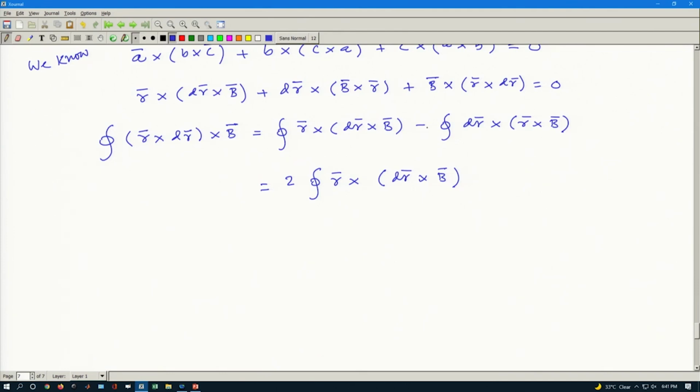We just exploit the expression that is here, and I can have dr cross B cross r equal to r cross dr cross B. If I go to this side, it should be a negative sign, and I am going to get this.